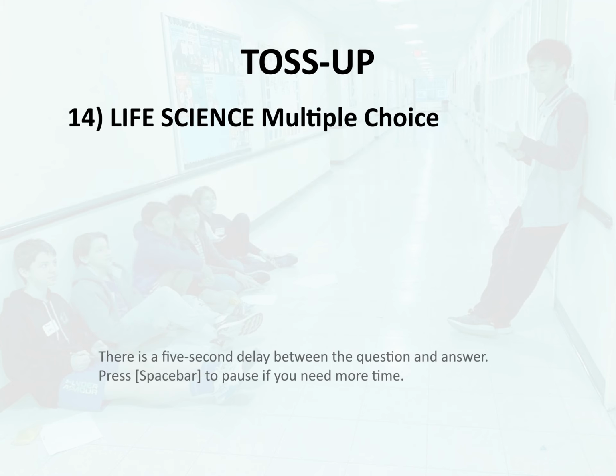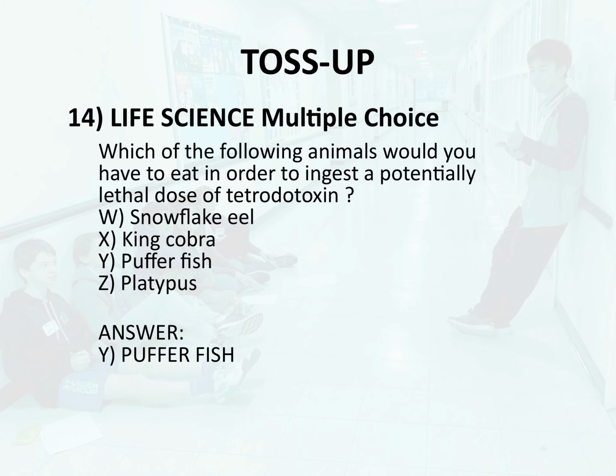Toss-up 14. Life science. Multiple choice. Which of the following animals would you have to eat in order to ingest a potentially lethal dose of tetrodotoxin? W. Snowflake eel, X. King cobra, Y. Puffer fish, Z. Platypus. Answer.